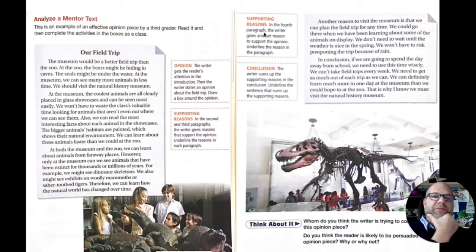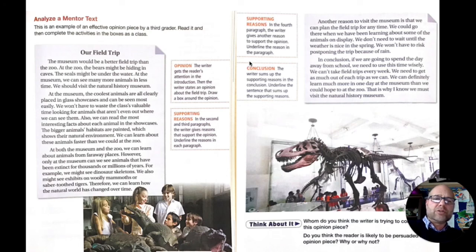Supporting reasons. In the fourth paragraph, the writer gives another reason to support the opinion. Underline the reason in the paragraph. By underlining and circling things in this text, this lesson is forcing you to take a close look at this writing piece, reread it, look for the really good stuff in it, and that'll be good for you. It's great for you to identify excellent pieces in other writings so that you can emulate that and do that in your own writing.